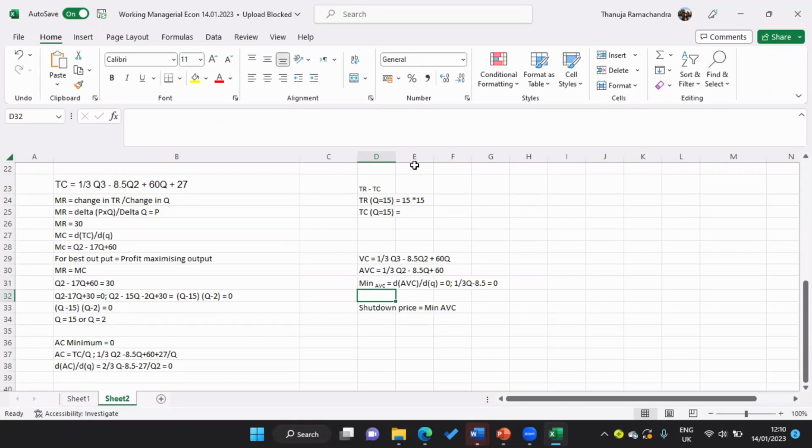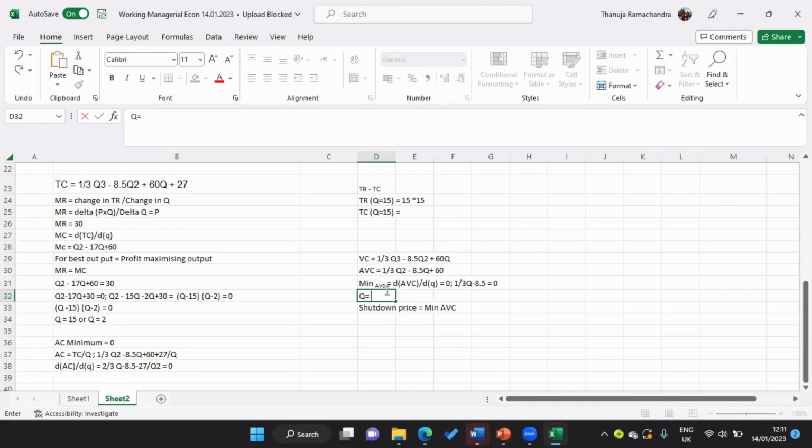Okay. So Q equals... Ma'am, it's actually 2/3 Q, right? When you differentiate, Q squared becomes 2Q. Yes, 2. Yeah.